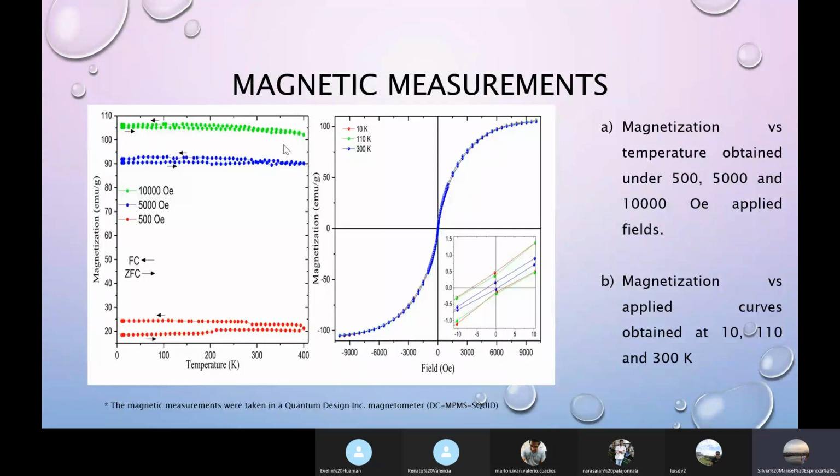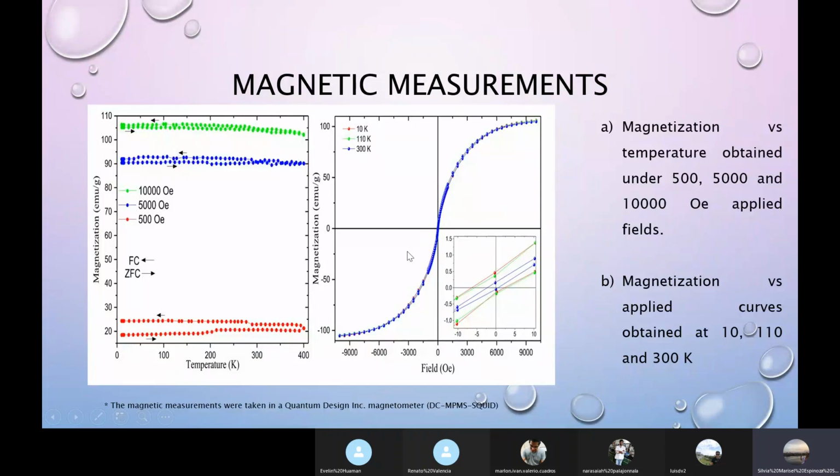In addition, the magnetization values increase with applied field. The zero field cooling and field cooling loops become reversible since the spin alignment increases, typical of ferromagnetic materials.